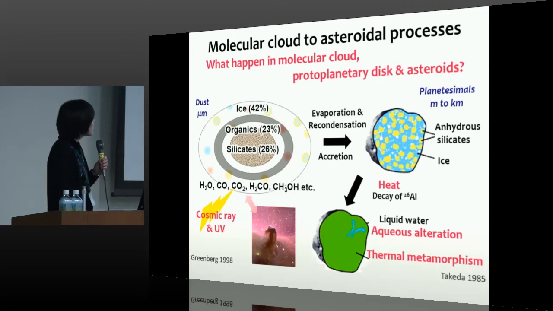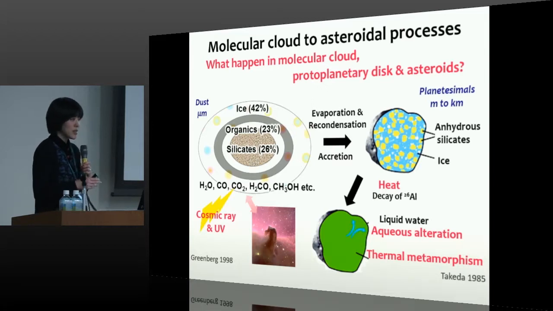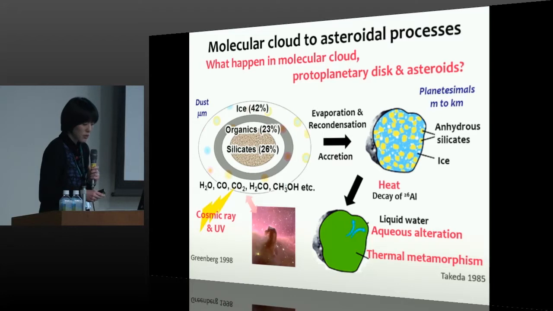So this icy dust evaporated and recondensed in the inner side of the protoplanetary disk, and some ice survived to form icy planetesimals beyond the snow line, and some contain the interstellar chemistry, and some are also mixed and recondensed ice.